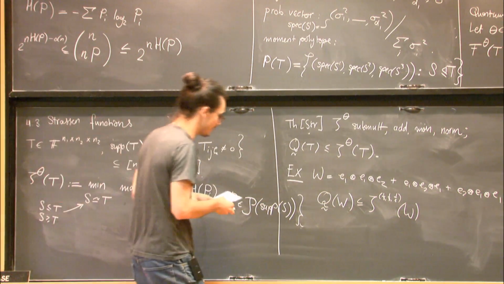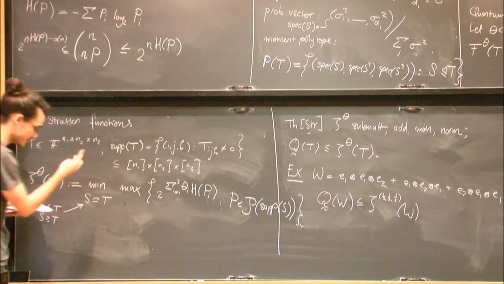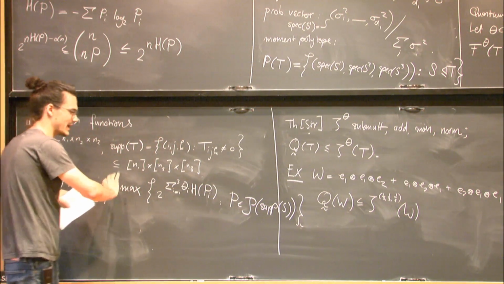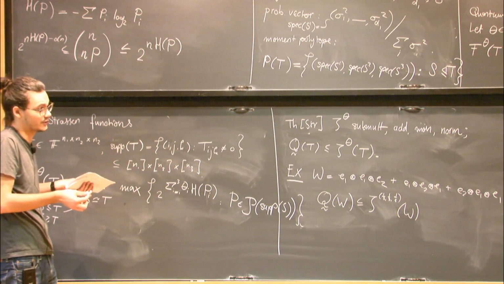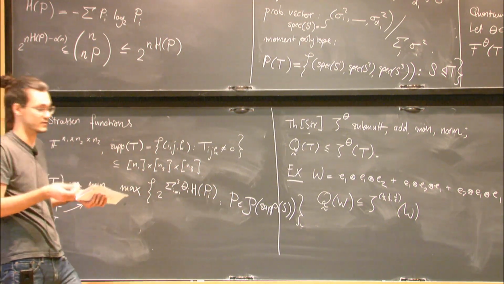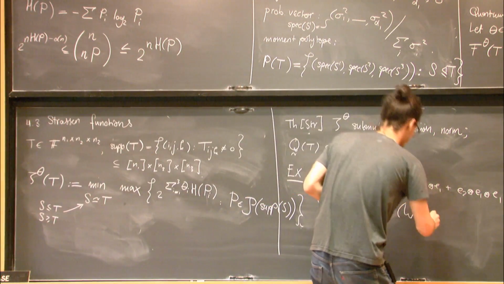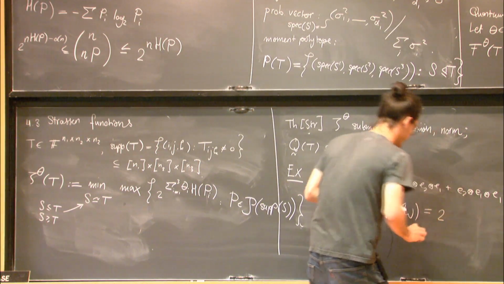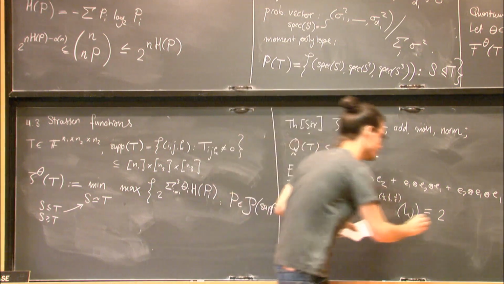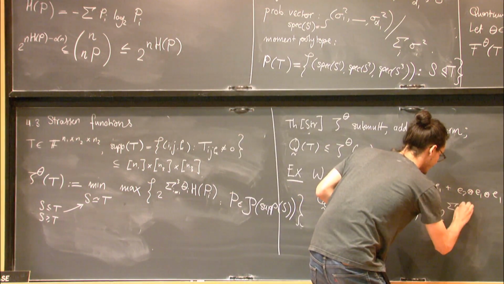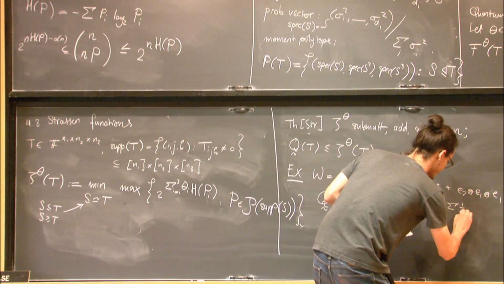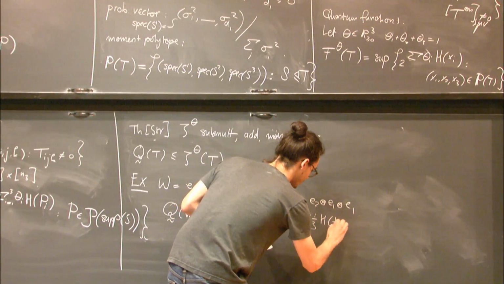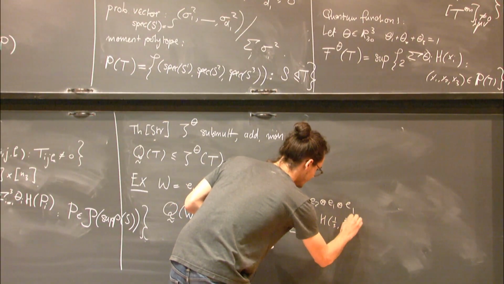So here I just pick W as my T, as my S also, and then it turns out that the maximum is achieved by the uniform probability distribution P. I'm not going to prove this to you, but you want to take the uniform probability distribution, and then the value you get is this sum of Shannon entropies.